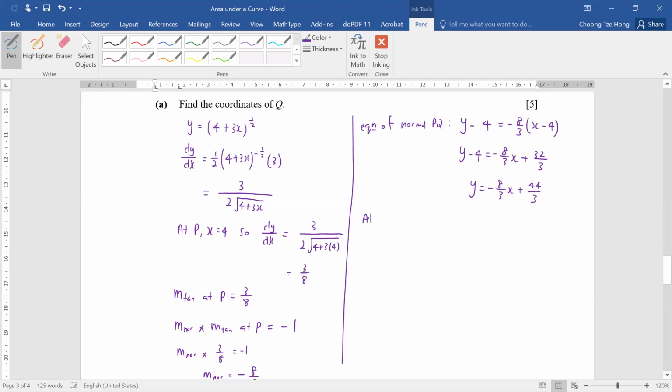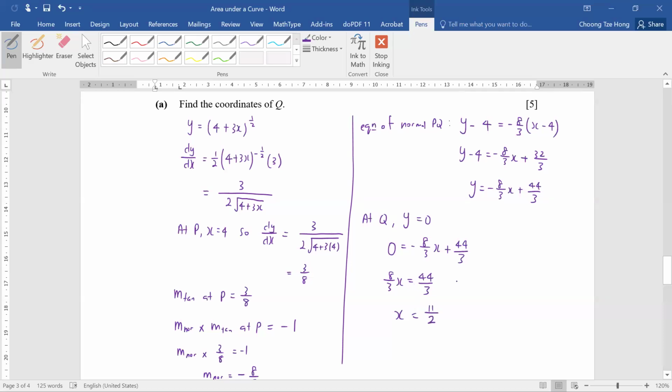Right, so at Q, Q is on the x-axis, so y will be 0. So we're going to sub y to be 0 and then we solve for x. So 8 over 3 x equals 44 over 3, so x equals 11 over 2.